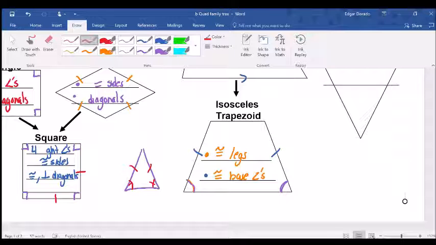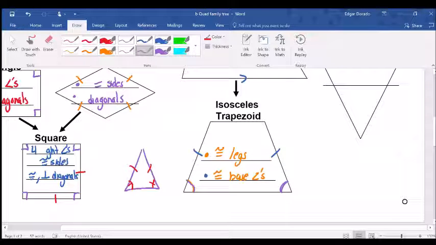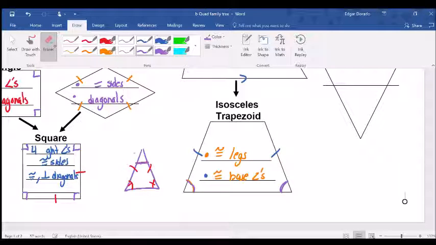Same thing applies here, guys, because essentially an isosceles trapezoid is just a regular isosceles triangle with the top piece cut off. Let me go ahead and erase this real quick and try this again. So if I cut that top piece off, then essentially we have an isosceles trapezoid.